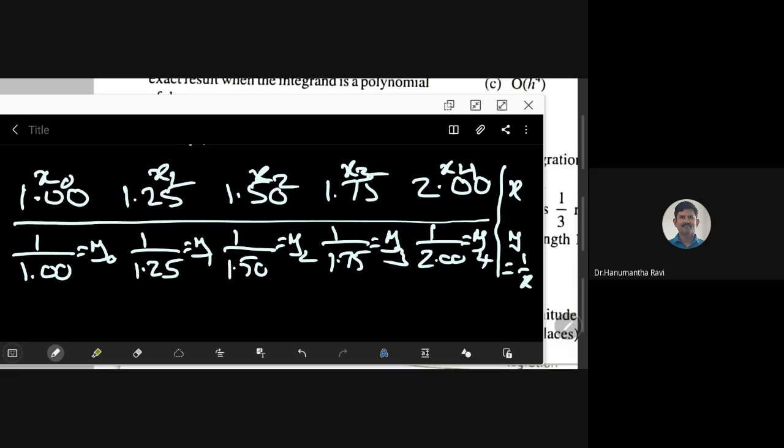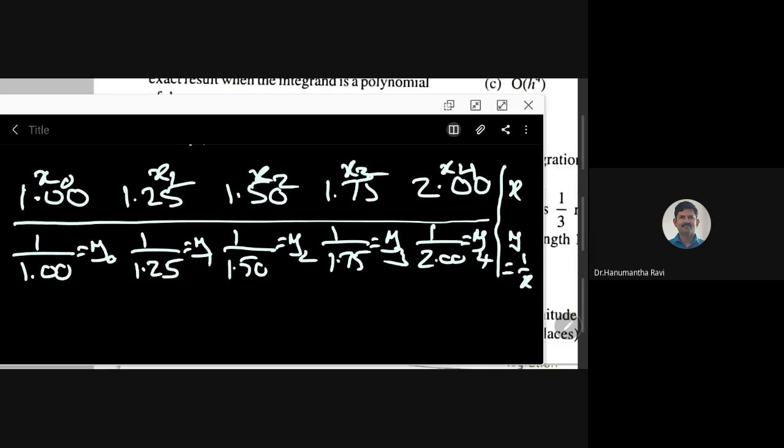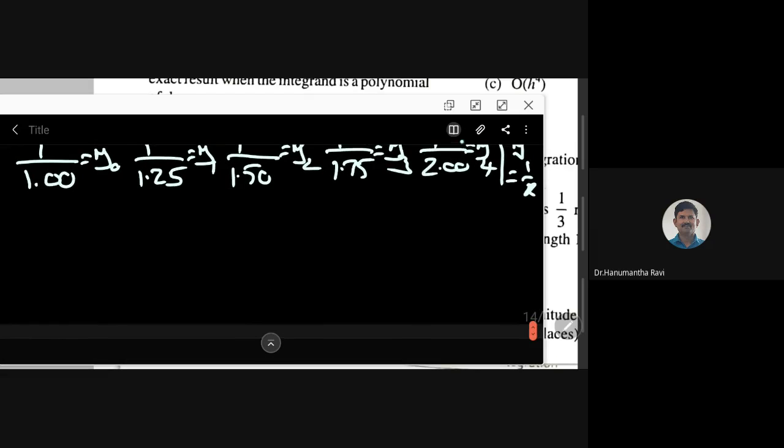So with that, Simpson's rule will apply. Each of these things will simplify.